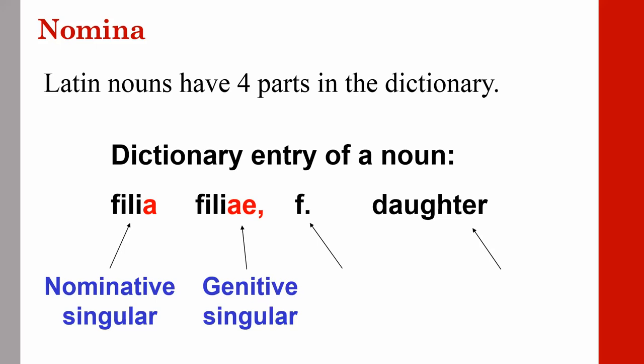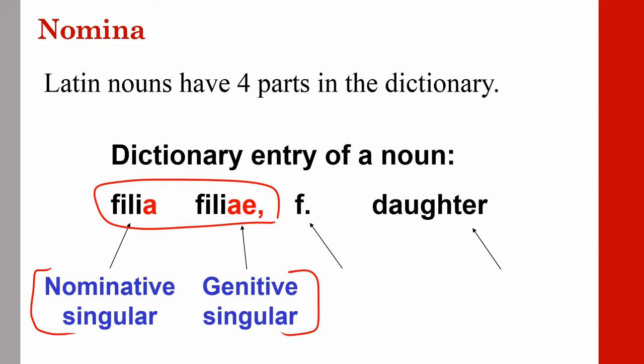Now let's look closely at each part again. Notice that the first 2 parts, these main parts, the actual Latin in the dictionary entry, are actually what are called cases, meaning that the nominative, or this first word, is the subject form of the word. So if the daughter is the subject and there's one of her, singular, that's what that means, then we use philia.